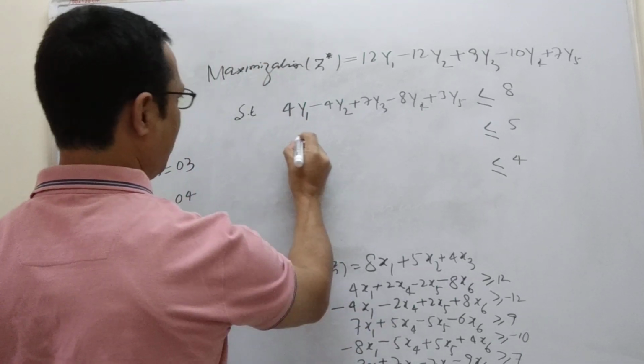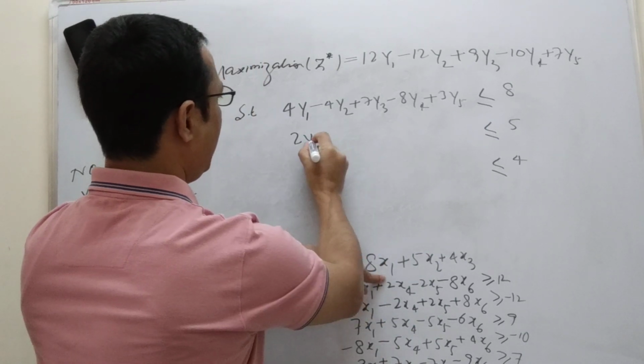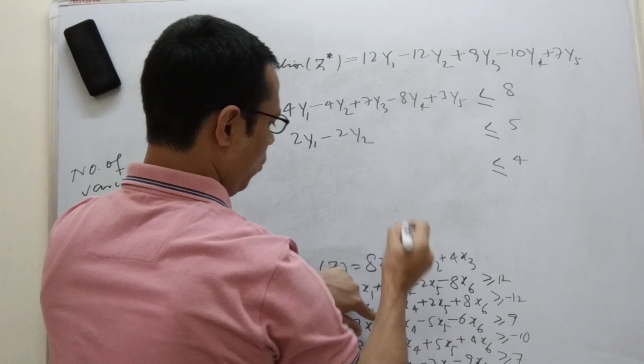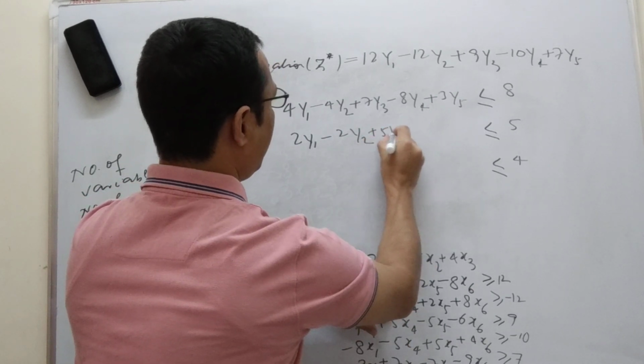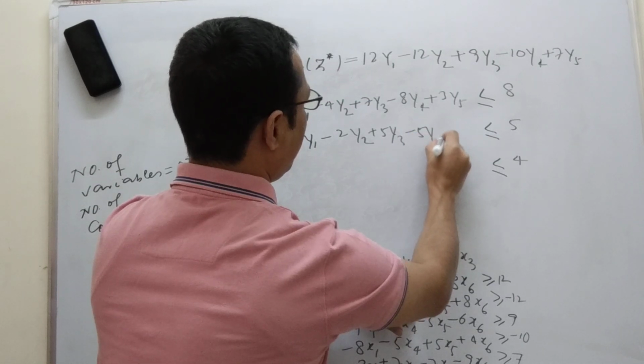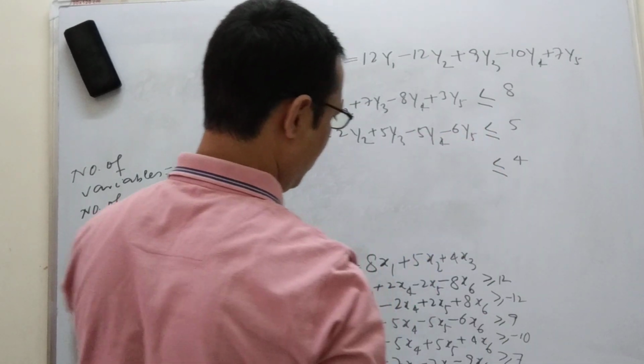So now we'll start from here: 2y1 minus 2y2 plus 5y3 minus 5y4 minus 6y5.